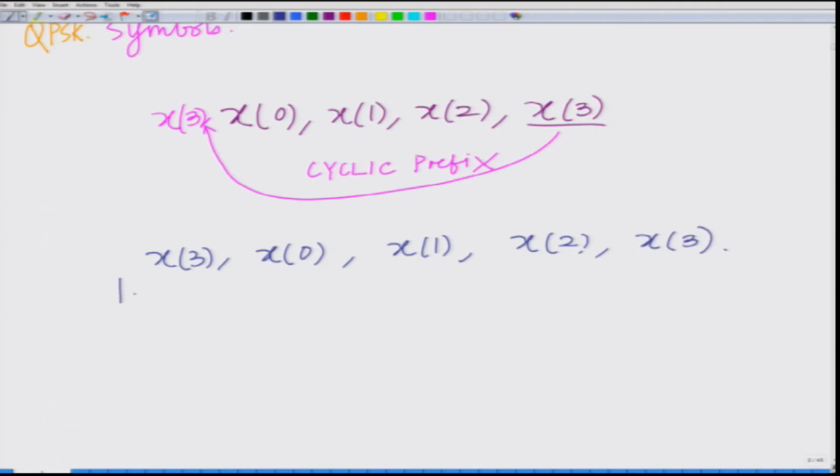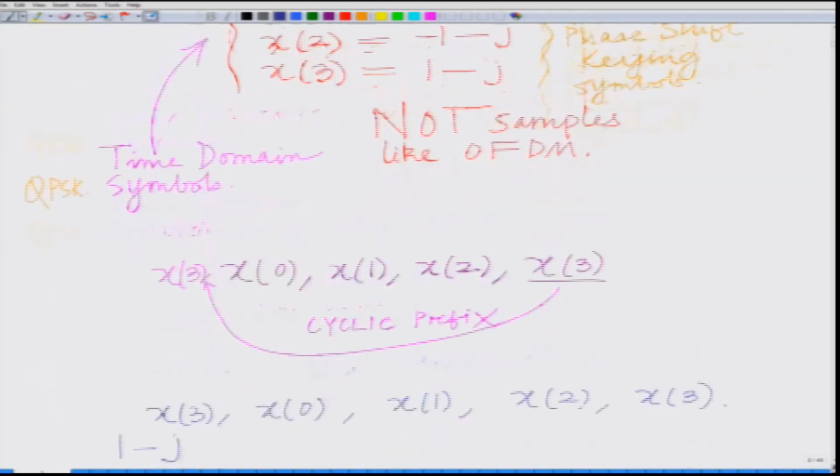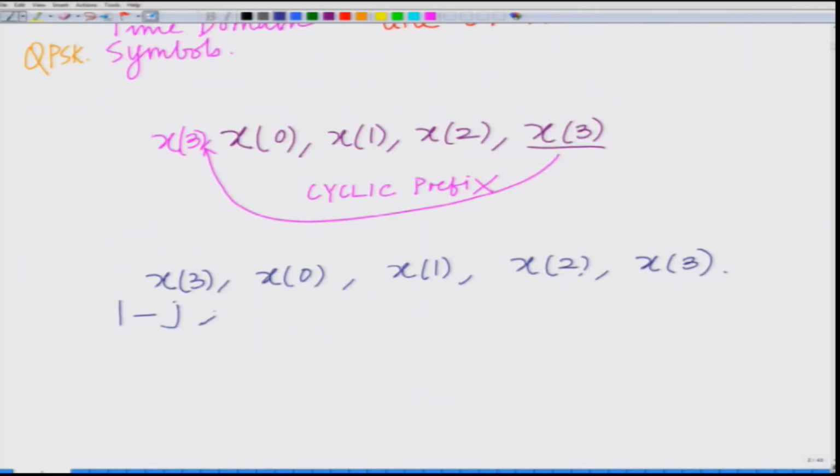X3 is 1 minus j, x0 is 1 plus j, x1 is 1 minus j, x2 is -1 minus j, and again x3 is 1 minus j.